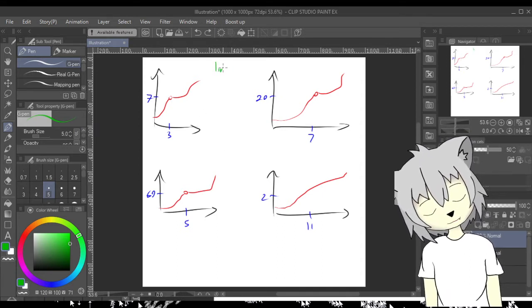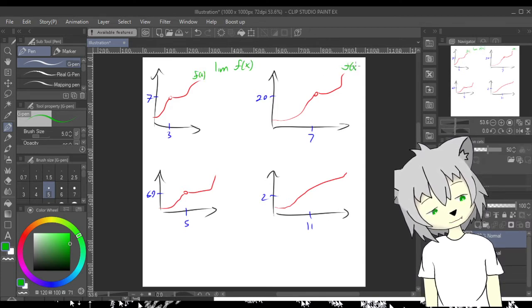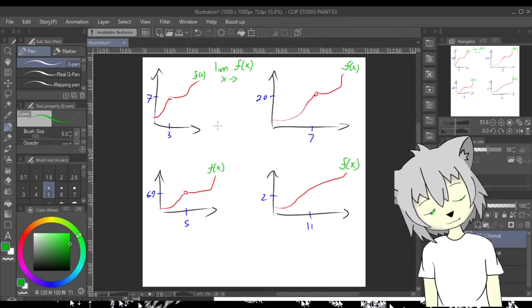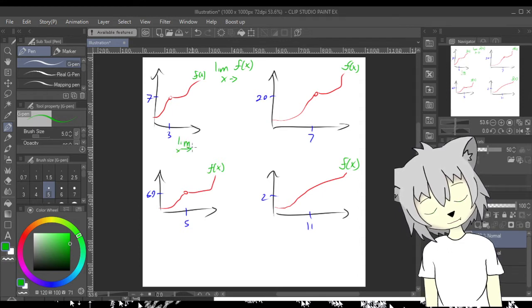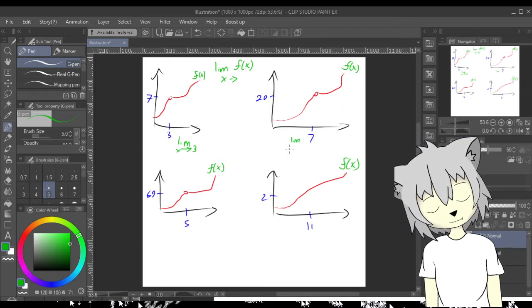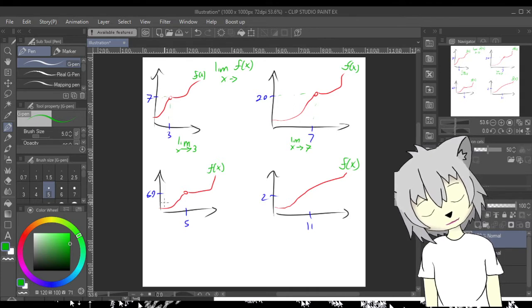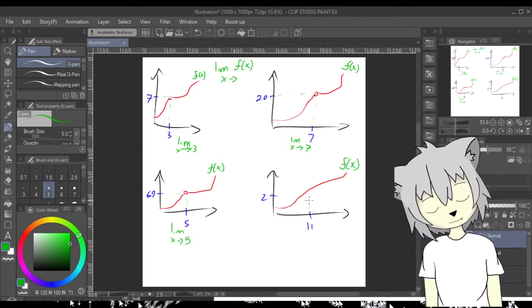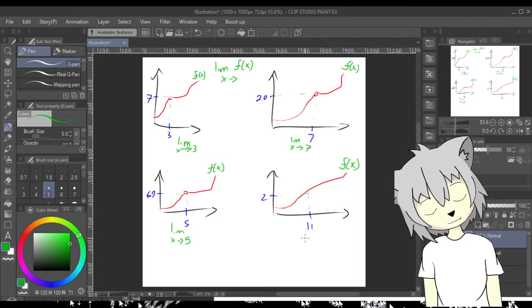The limit of f of x with respect to the functions of the specific problems as x approaches a certain value. What is the limit here when x approaches 3, the limit here when x approaches 7, the limit here as x approaches 5, the limit here as x approaches 11.